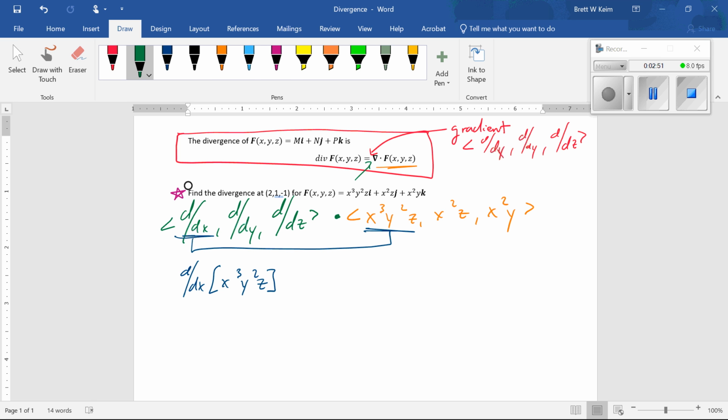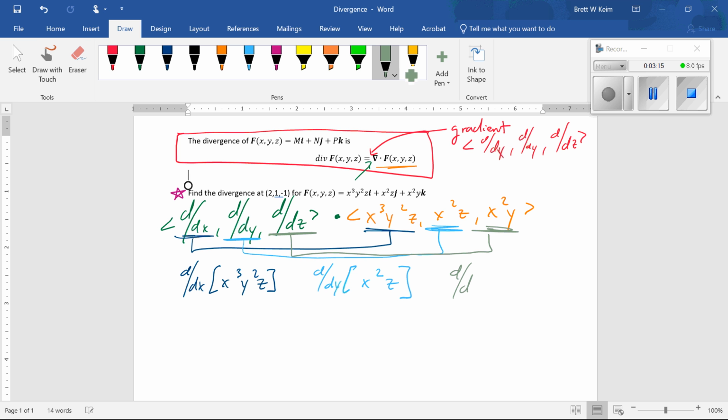Then you're just moving along, so I have d dy of x squared z, and then this linking up here, which is d dz of x squared y. And when you find the divergence and you dot something, we're adding those in between. Now it's just a matter of actually doing this math.